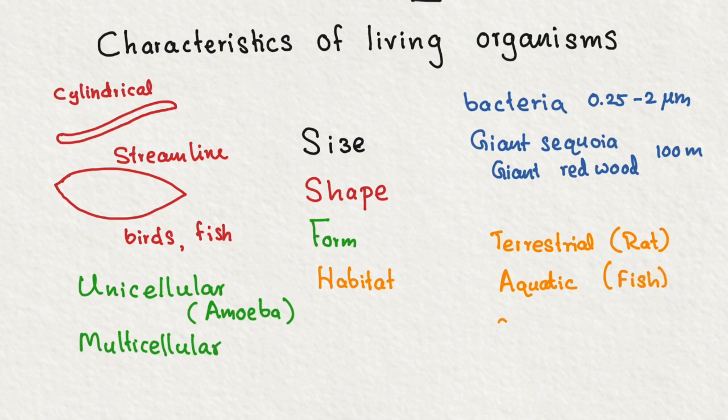And there are arboreal organisms. Arboreal means they live in trees, for example, loris. And aerial organisms like birds. So organisms have different kinds of habitats. So this means that living organisms have a huge diversity.